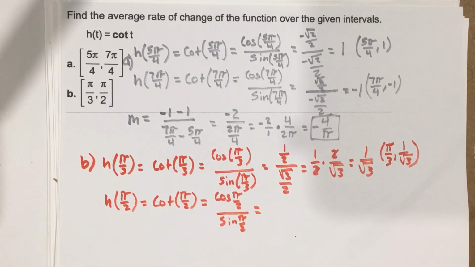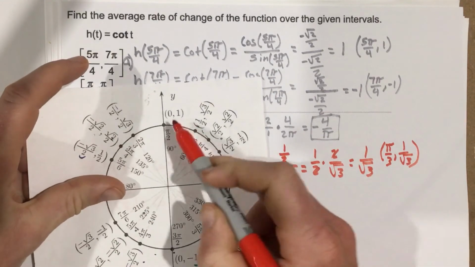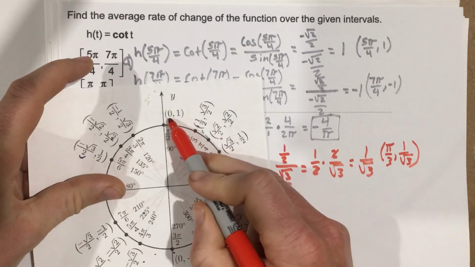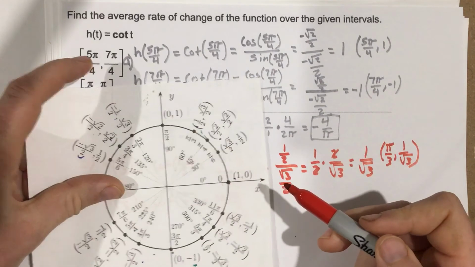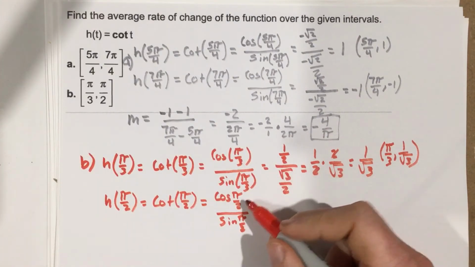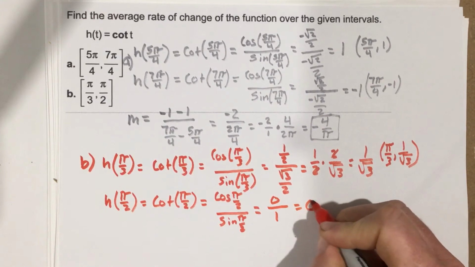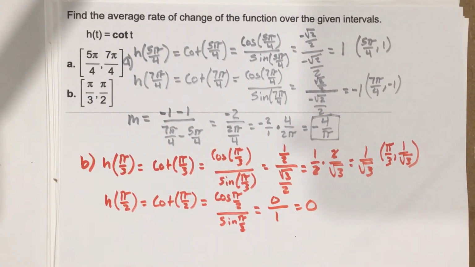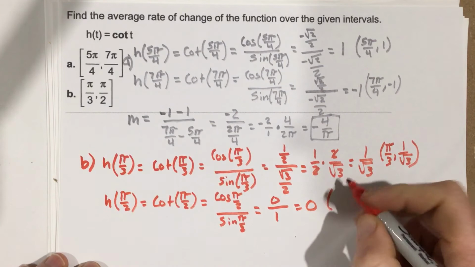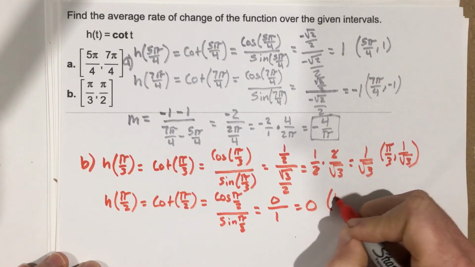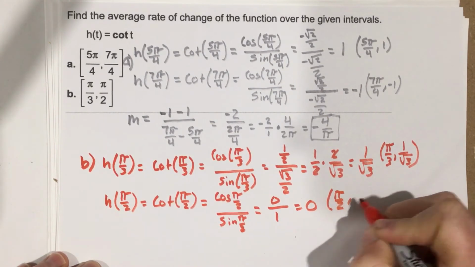If we go to pi over 2, we can see that pi over 2 is 0, 1, right? Cosine is 0 and sine is 1. So cosine 0 over sine 1 gives you 0 for that spot there. So our coordinate is pi over 2, comma 0.